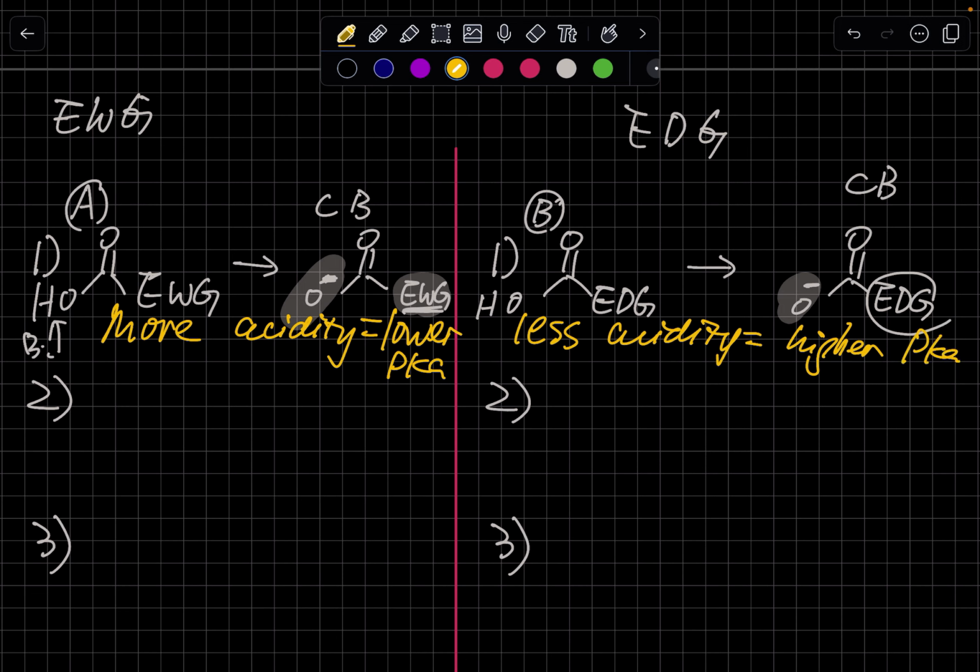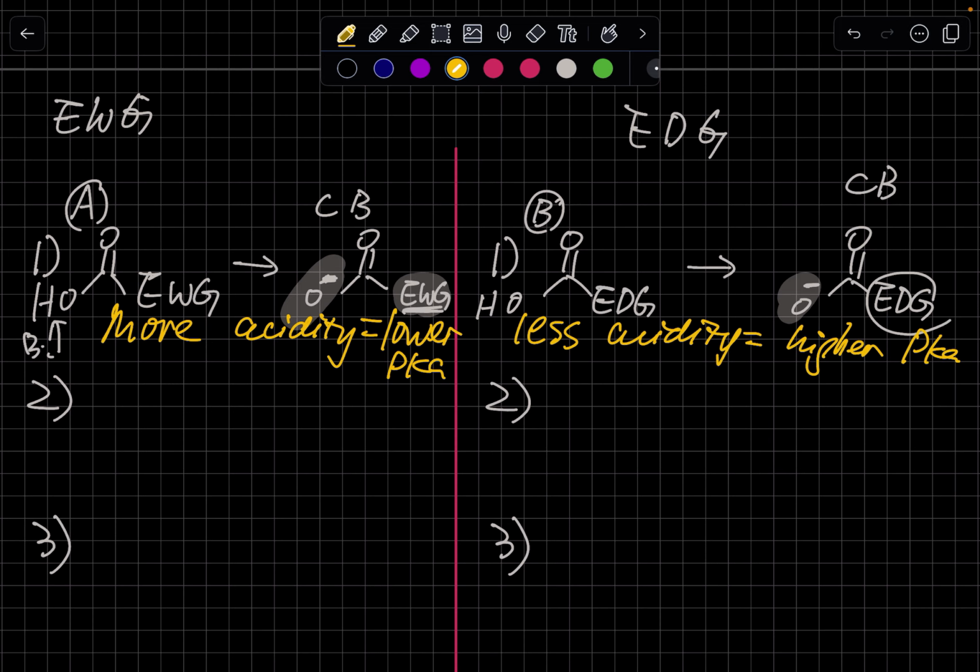Okay, same thing. So that's the first thing I want to connect: how do electron withdrawing group and electron donating group affect acidity to different extents?